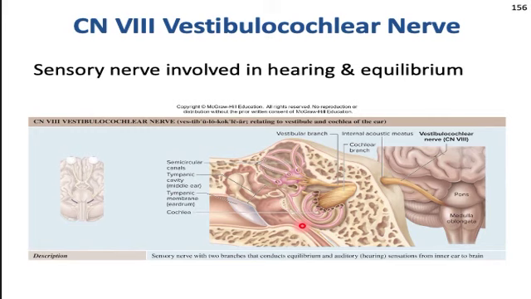The vestibulocochlear is responsible for our balance and our hearing, right? So it brings in hearing and balance information into the brainstem, okay, and that allows us to control our dynamic and static equilibrium and also perceive sound, right?